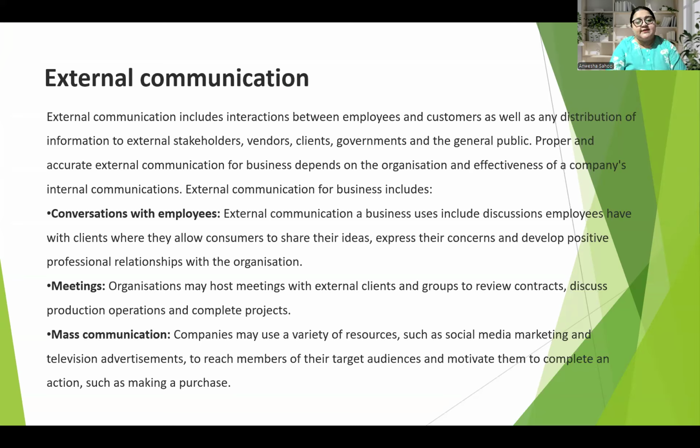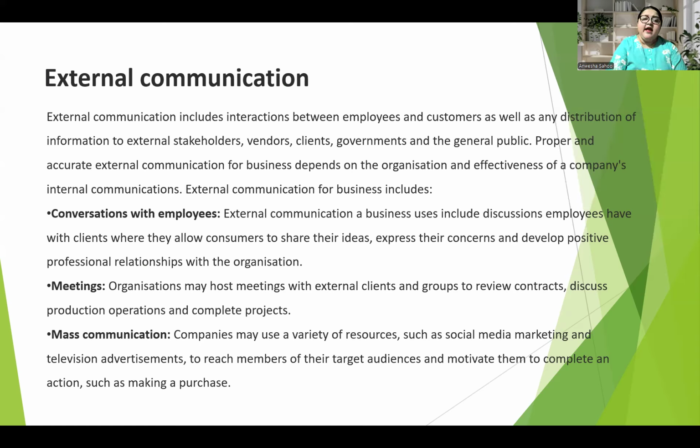So all the external stakeholders, vendors, clients, government policies, general public issues, legal issues. For every other external department, there is someone who communicates on behalf of the company. So this kind of communication is known as external communication.